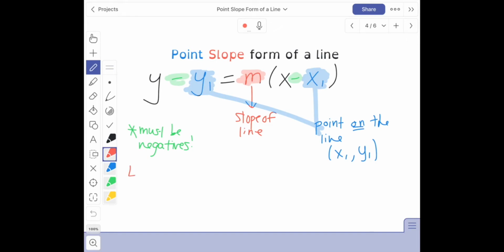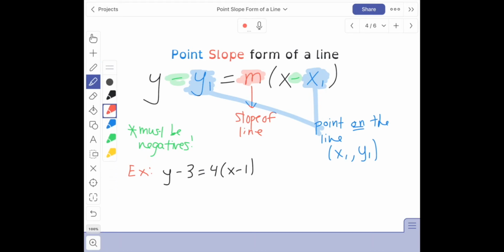So one quick example that we would like to start with would be something like y minus 3 is equal to 4 times x minus 1. So just so we can start to get our grasp, this is the 4, so that's right in front of the parentheses there. So we know that this is the slope of our line. So in other words, we could say m, which is the abbreviation for slope, is equal to 4.